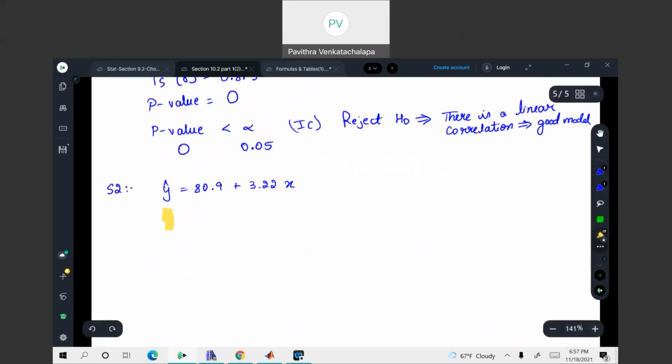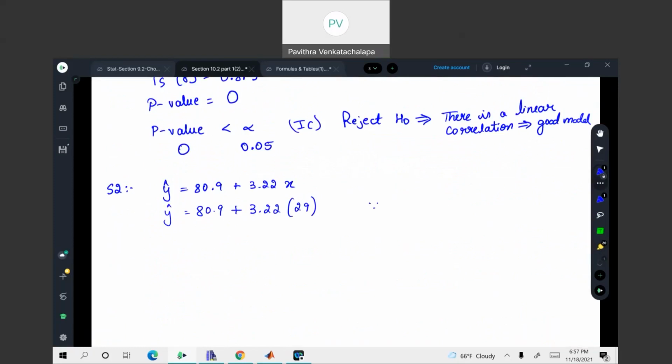Okay, so y cap will be equal to 80.9 plus 3.22 into 29. So x equal to 29, it's given, right?